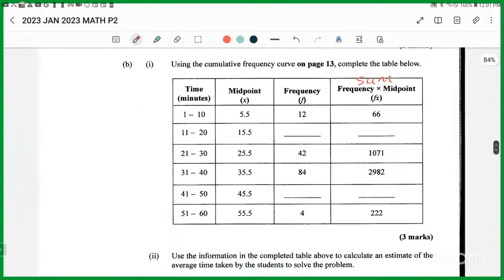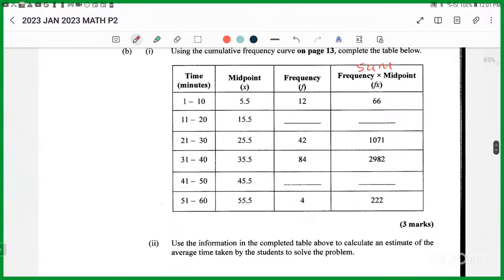All right. So these are the midpoint values. But remember, the cumulative frequency graph is showing you how many students got less than or equal to these marks. So if you try less than or equal to 10, you're going to see that that is 12.